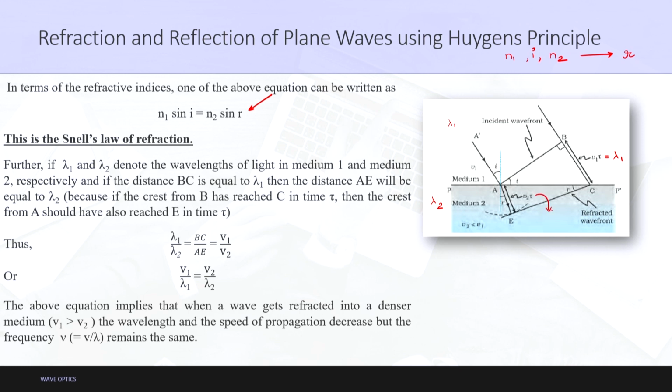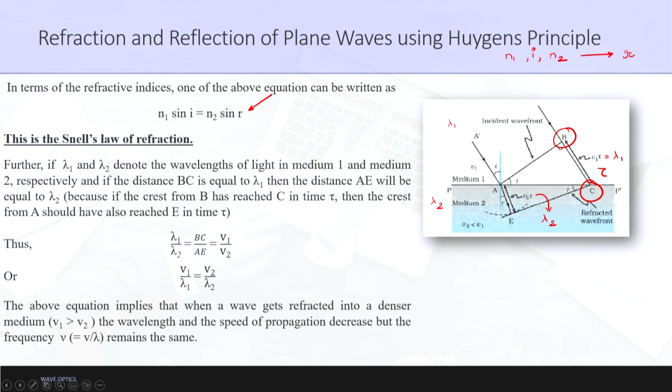How can we say that if V1 tau is equal to lambda 1, then V2 tau is equal to lambda 2? The reason is written here only. If the crest from B has reached C in time tau, then the crest from A has also reached E in time tau.